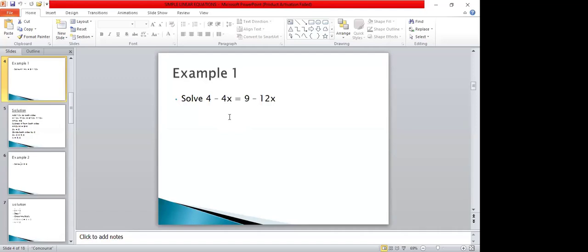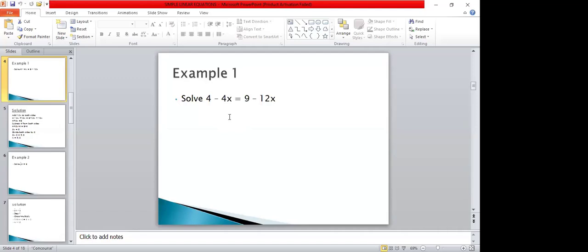In this case, the like terms in this equation are minus 4x and minus 12x. These are like terms. Similarly, we have 4 and 9. 4 and 9 are like terms.